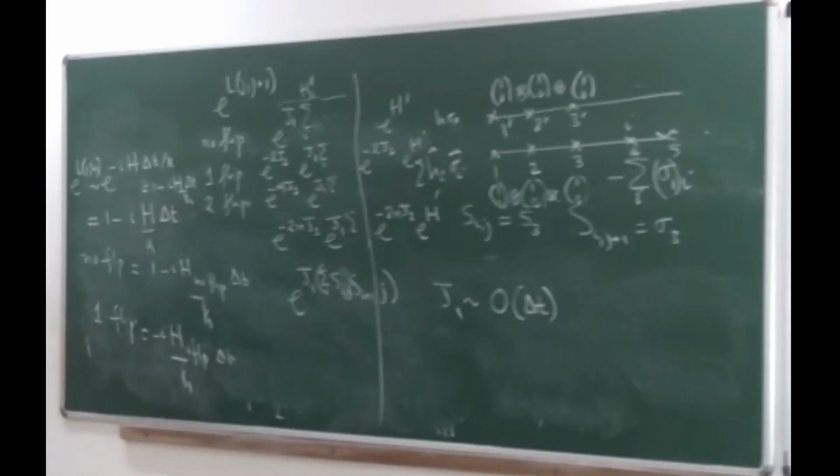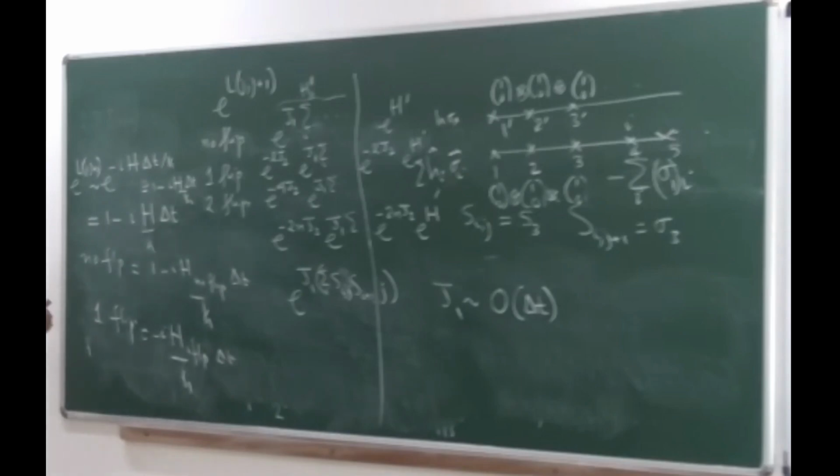Now comes the one flip matrix element. So this is H one flip, which is, yeah, this J1, but now comes the one flip matrix element.